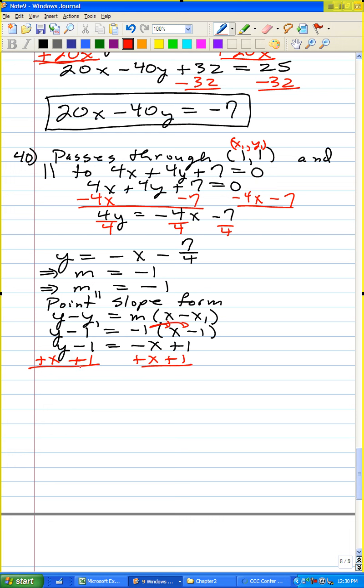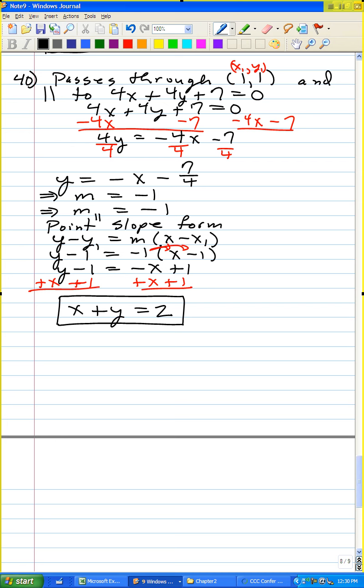And so I have here x plus y equals 2. Well, all the coefficients are integer valued. The number coefficient in front of x is positive, and we have no common factors between all these coefficients. And so I've written it in standard form, in the preferred standard form.